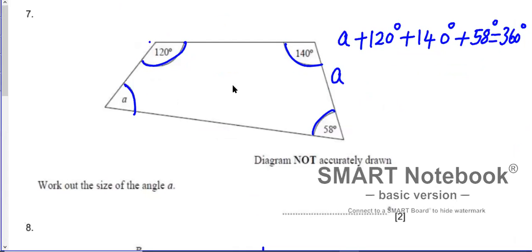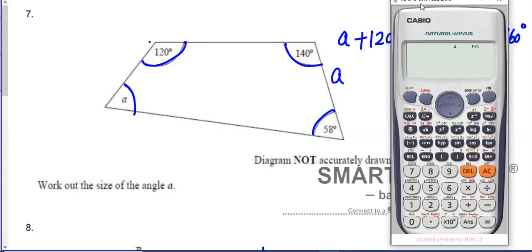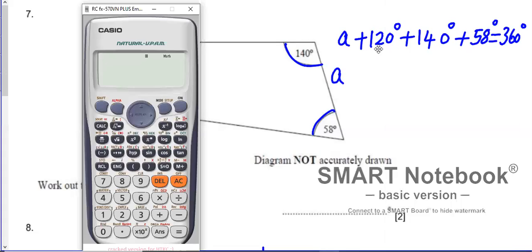All right. Now, how do we do that? You have to take your calculator and add all those numbers. So take 120 plus 140 plus 58.